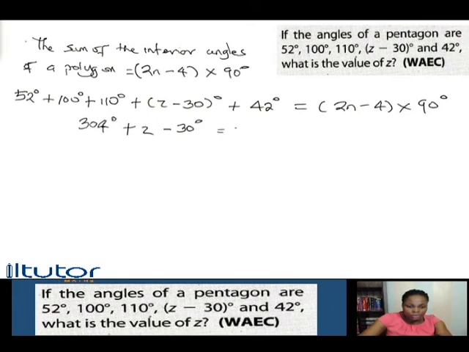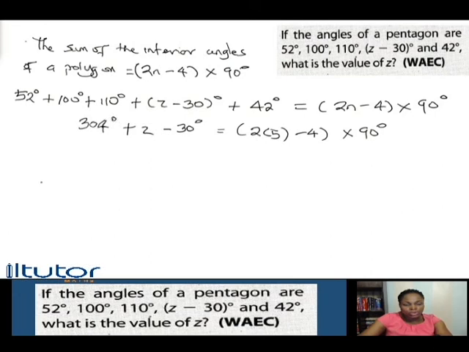It's supposed to be equal to 2 times, in this case, pentagon, 5 sides, so 2n minus 4 times 90 degrees.